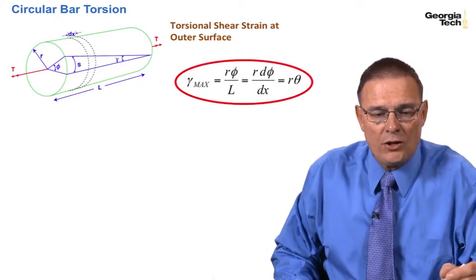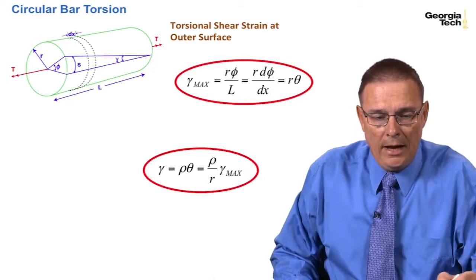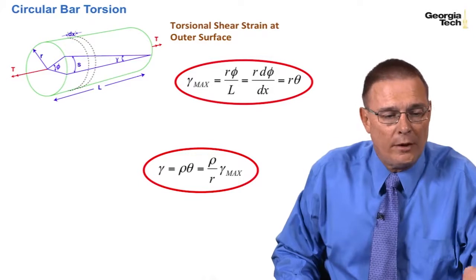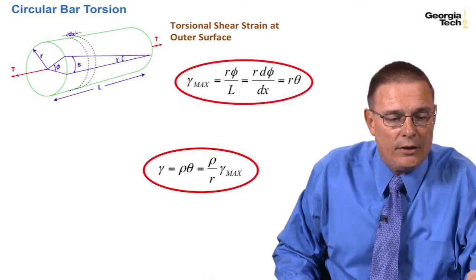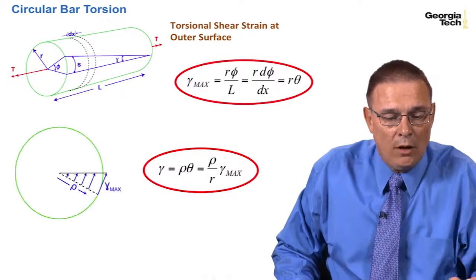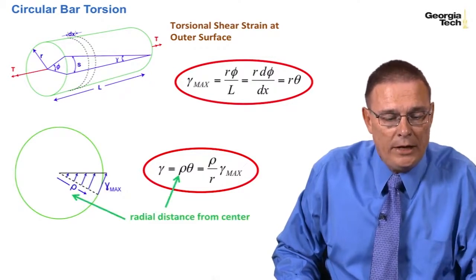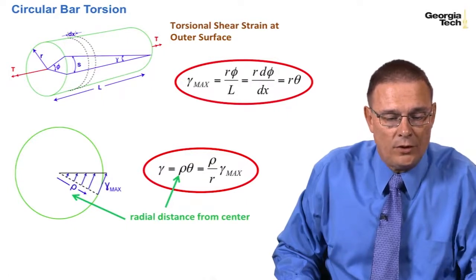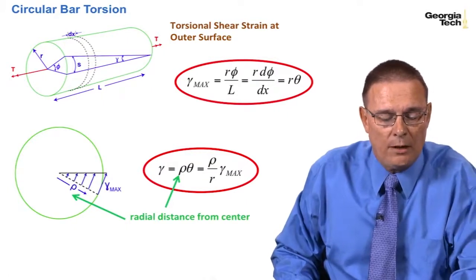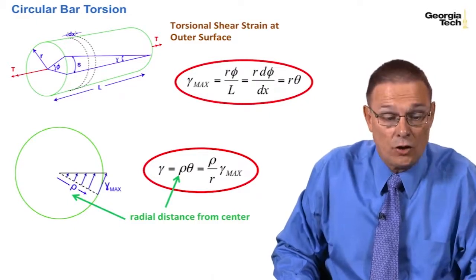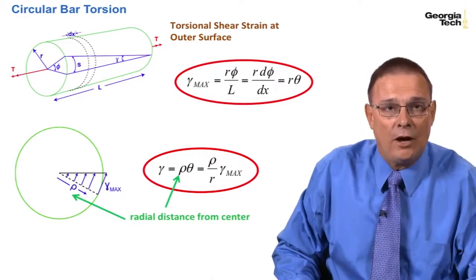So here's that relationship again. And if I want to find gamma, not just at the outer surface, but anywhere, if I go in towards the center, you can see that gamma gets less, and it's going to equal rho times the rate of twist, where rho is the radial distance from the center. So as rho gets larger, we get larger and larger gamma, until we get to the outside.